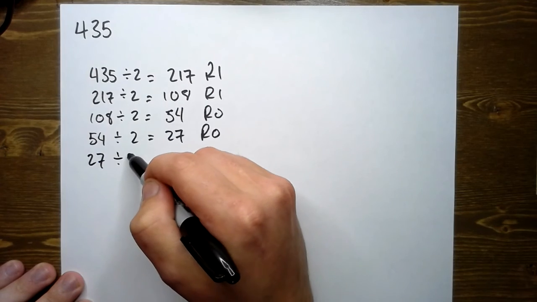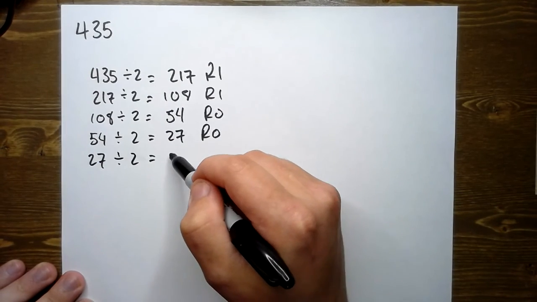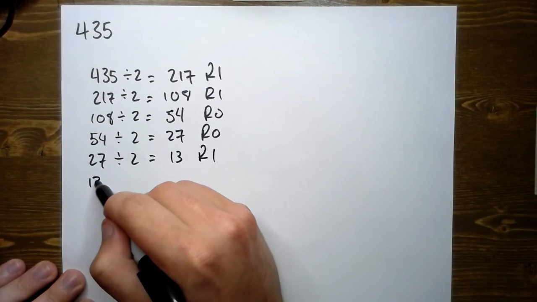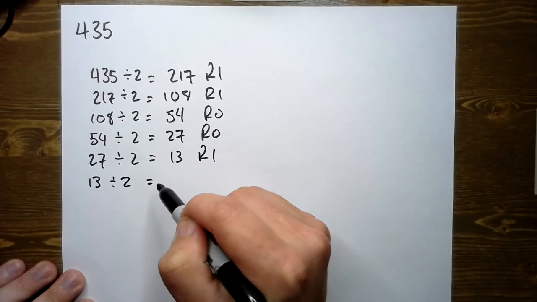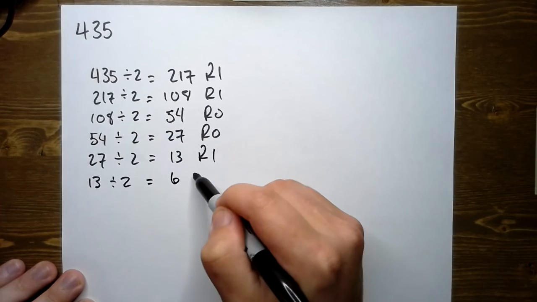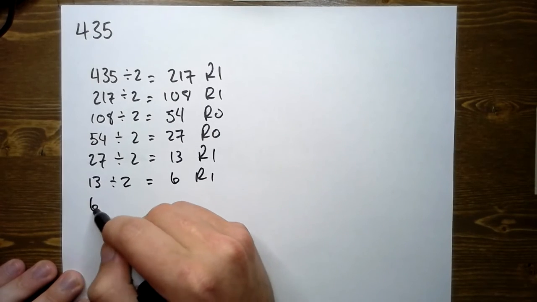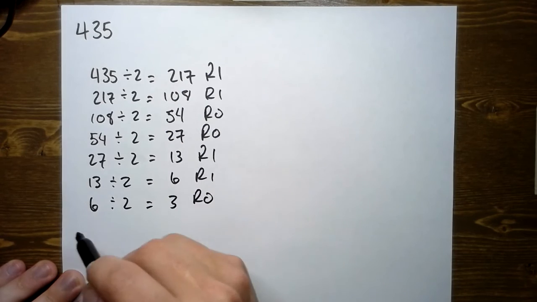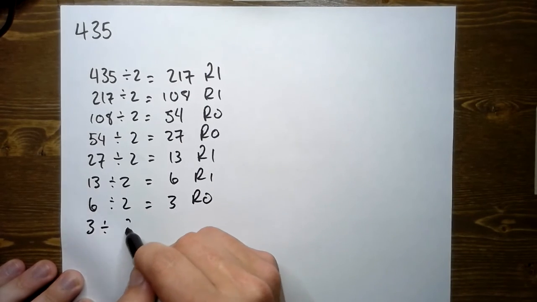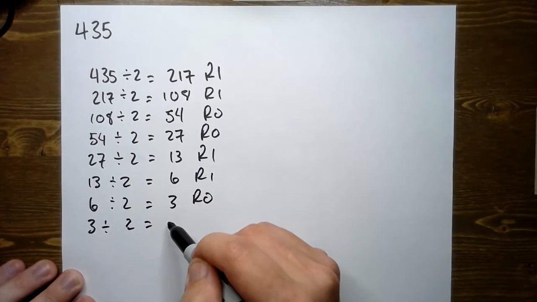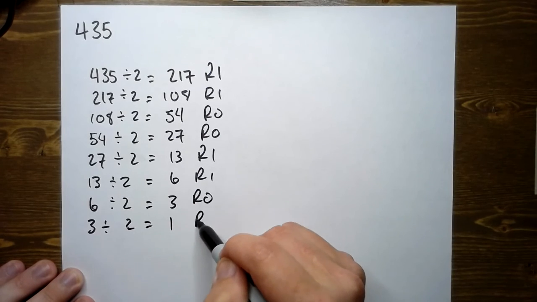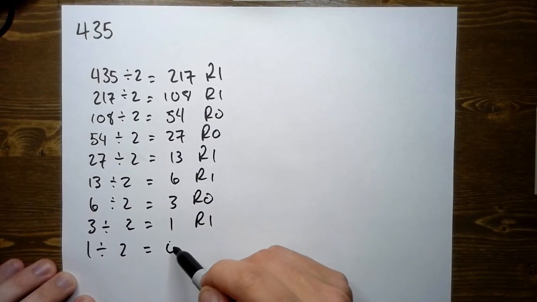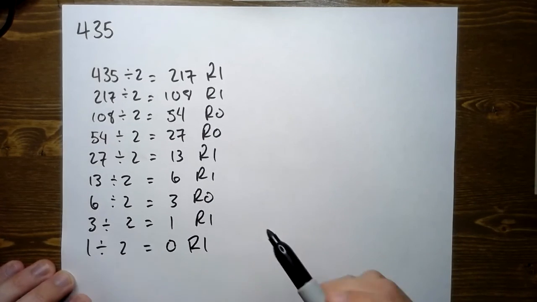27 divided by 2 equals 13, remainder 1. 13 divided by 2 equals 6, remainder 1. 6 divided by 2 equals 3, remainder 0. 3 divided by 2 equals 1, remainder 1. 1 divided by 2 equals 0, remainder 1.